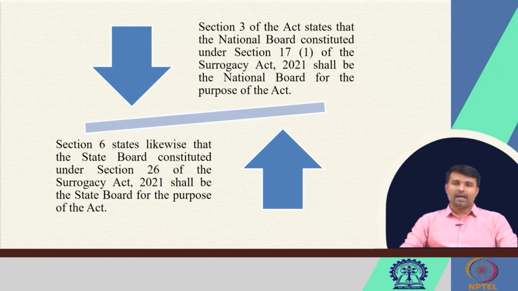So, the ART Regulation Act says that the National Board constituted under the Surrogacy Act of 2021 will be the National Board for the purpose of this Act. Similarly, the State Board constituted under the Surrogacy Act of 2021 will be the State Board for the purpose of executing functions under the ART Act of 2021.